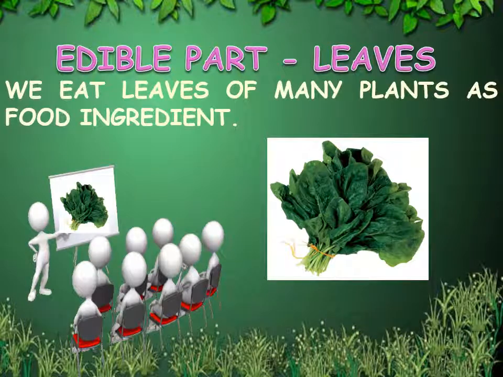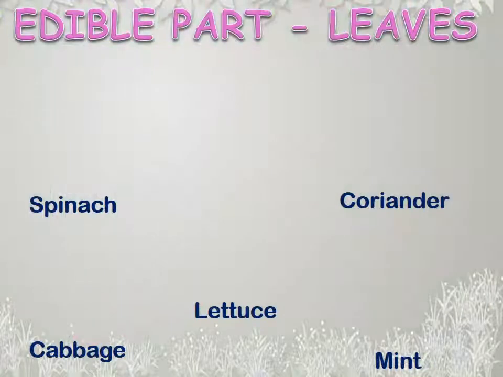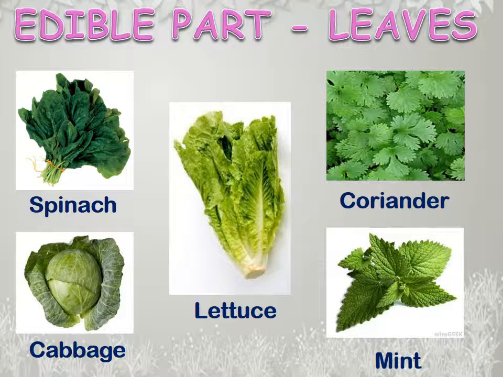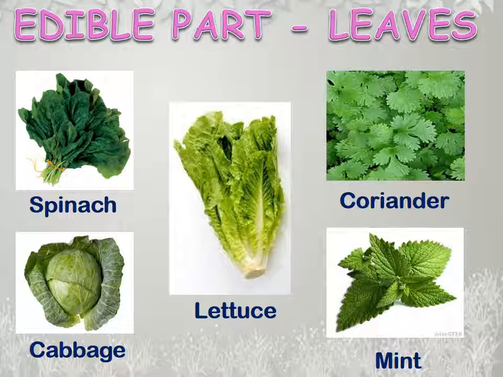Next edible part is leaf. We eat leaves of many plants as food ingredient. Some examples are spinach, cabbage, lettuce, coriander and mint.